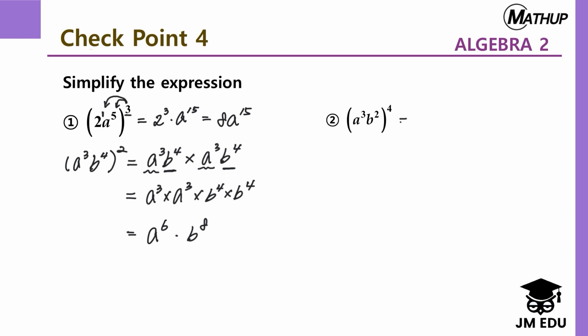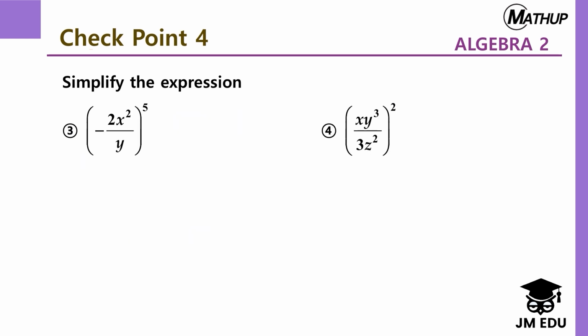Number 2. a to the 3 times 4, that's a to the 12, and b to the 4 times 2, that's b to the 8. Number 3. If a negative is multiplied an odd number of times, then it is negative.